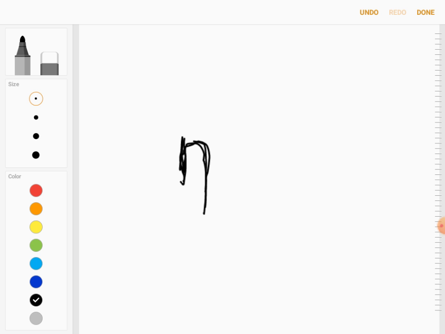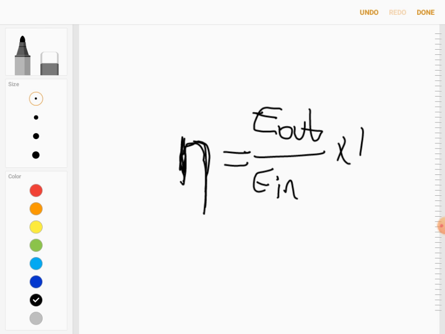The equation for efficiency is energy out over energy in, times 100, and that's how you can get it.